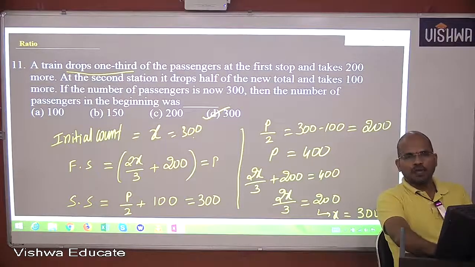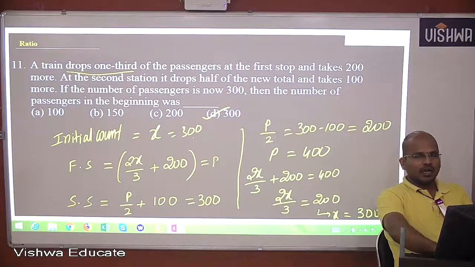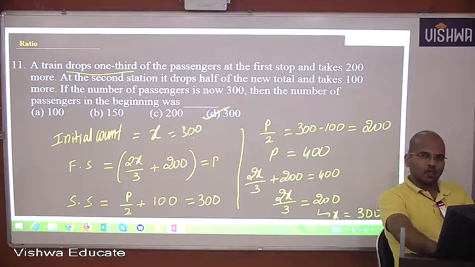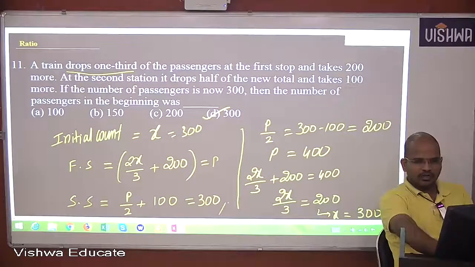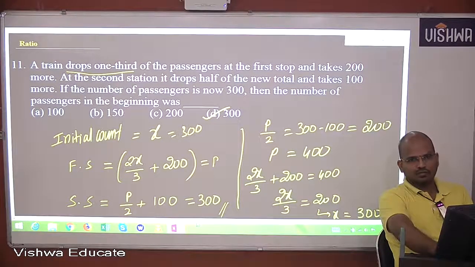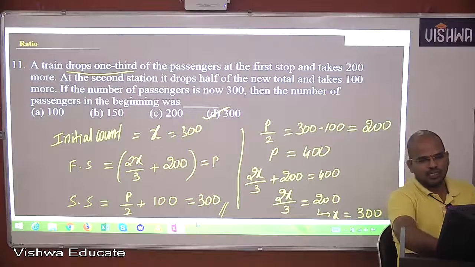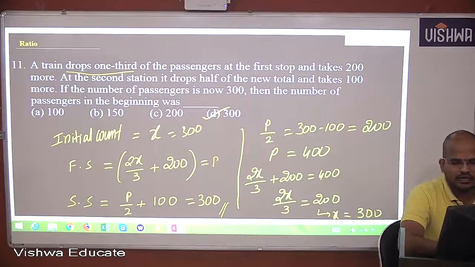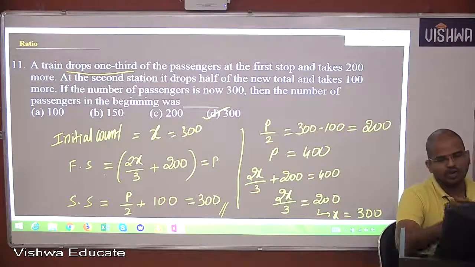So 400 people are there after the first stop. Then in the second stop, half of the count is dropped. From 400, 200 are dropped, 200 remain, and they take 100 more. So 200 plus 100 is 300. So the count is 300. Matched? Yes. That is how we solve the problem and that is how we check the problem. So initial count x is 300.